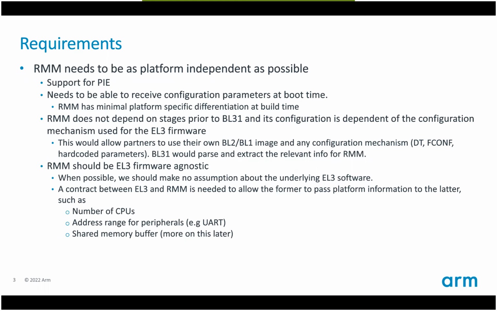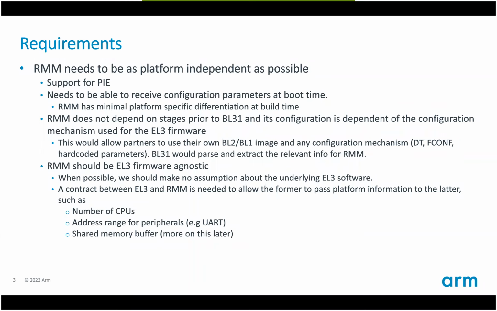As mentioned before, RMM will be EL3 firmware agnostic. So we cannot make any assumption about what is running underneath RMM. Because of that, we need to have some sort of contract between EL3 and RMM that will tell us how EL3 firmware is going to pass information to RMM.